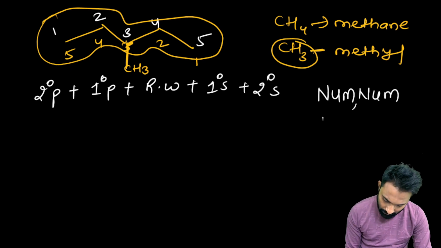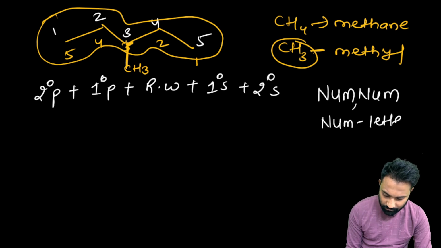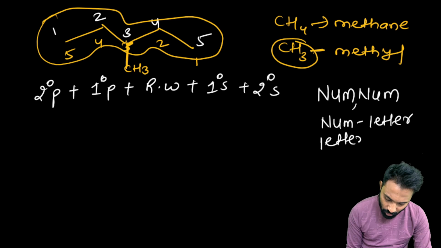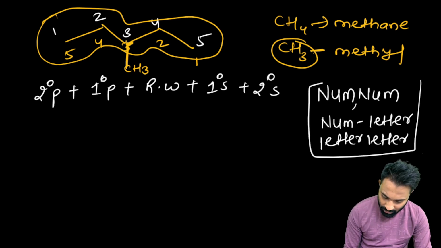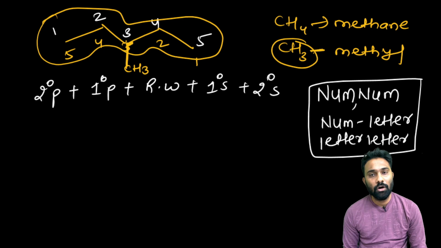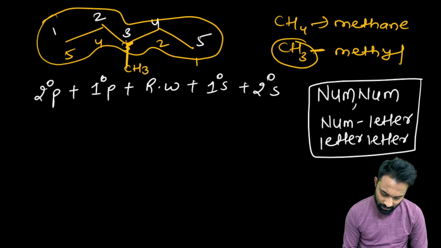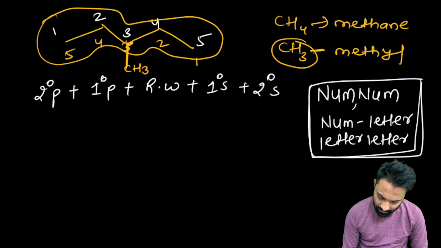Then number hyphen and a letter. Then letter and letter, there should be no gap. These three notations you have to remember and follow: number comma number, number hyphen letter, and letter and letter. Clear? Now you see how to identify this.